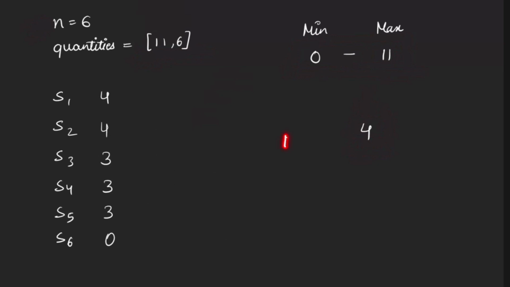So for the numbers which are smaller than 4, which is 0, 1, 2, 3, it might also be possible to distribute, right? For 4 we were able to distribute, so for 5, 6, 7, for all of these we will be able to distribute. But we need to minimize our answer, so there is no logic of going beyond 4.